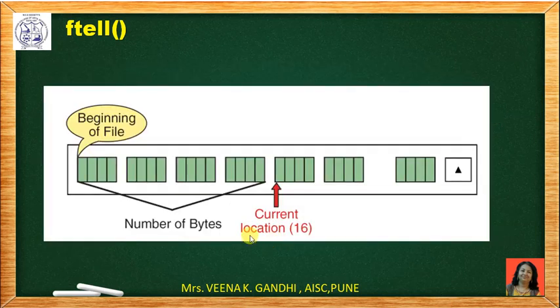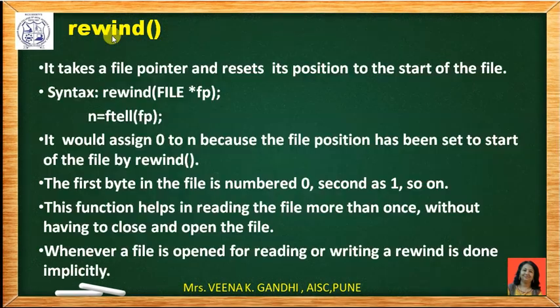You can see in this figure, it's at the beginning of the file and it shows the current location 16. Means already 4 records have been read or written in the file. Next function, the rewind function. This function resets the file pointer position to the starting of the file. The syntax: rewind accepts the file pointer.